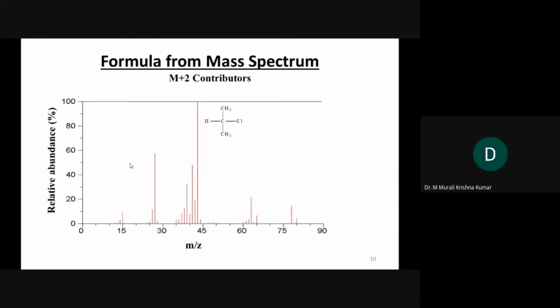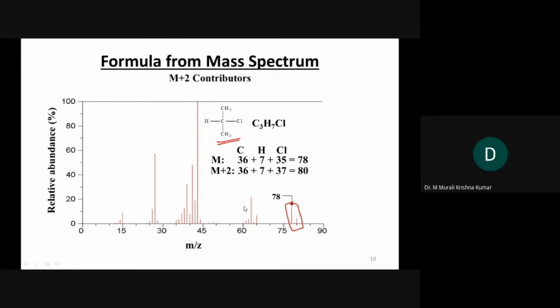So let's say here, this is isopropyl chloride. If you see the molecular ion here, the molecular formula is C3H7Cl. You can see M, M plus 1 and M plus 2. So this is about M, 78, yes, we got it.